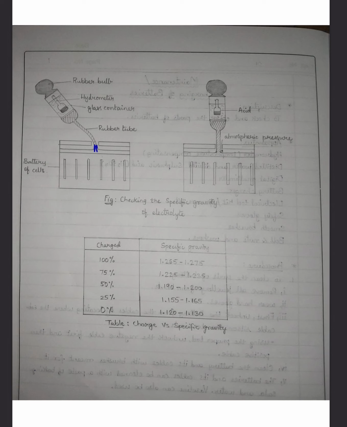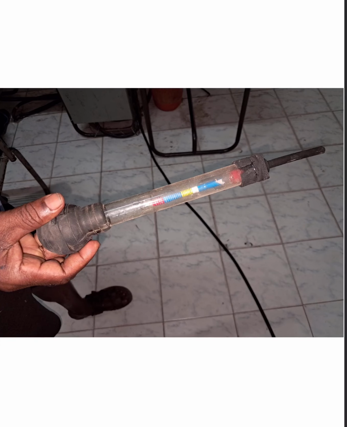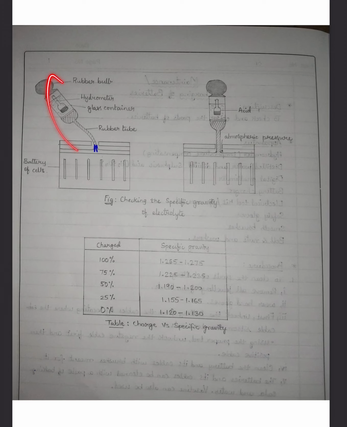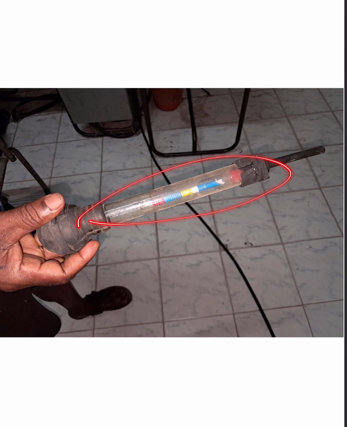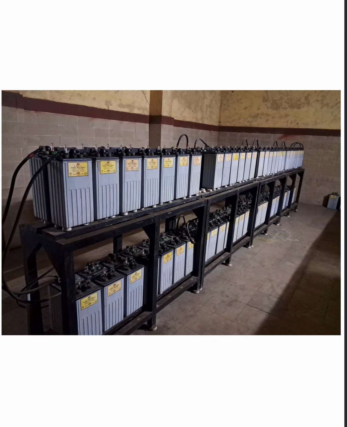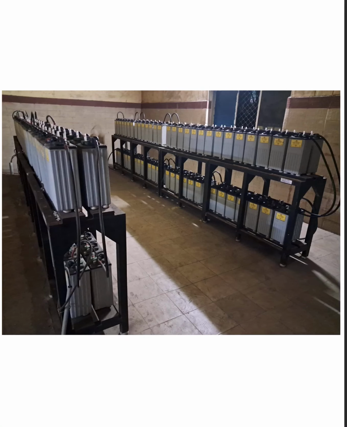Okay, so this is the space occupied by this meter. See, this is the hydrometer. Now this is the battery bank. These are the two battery banks.